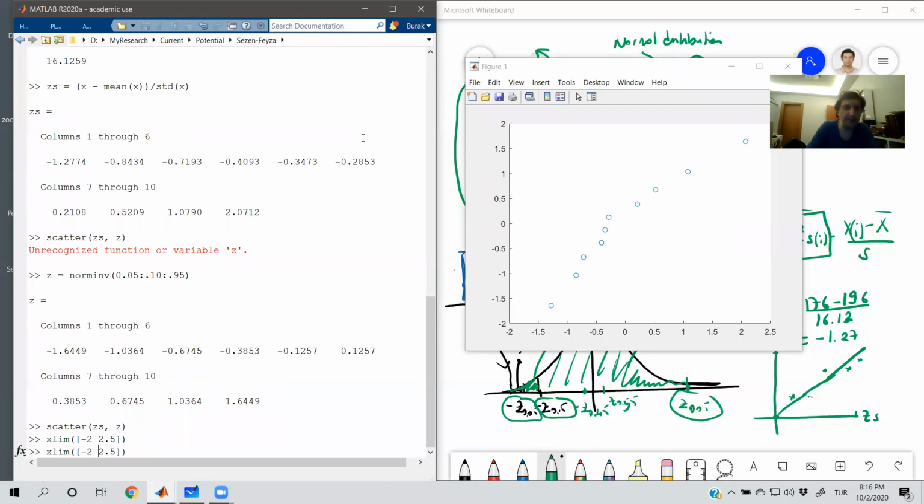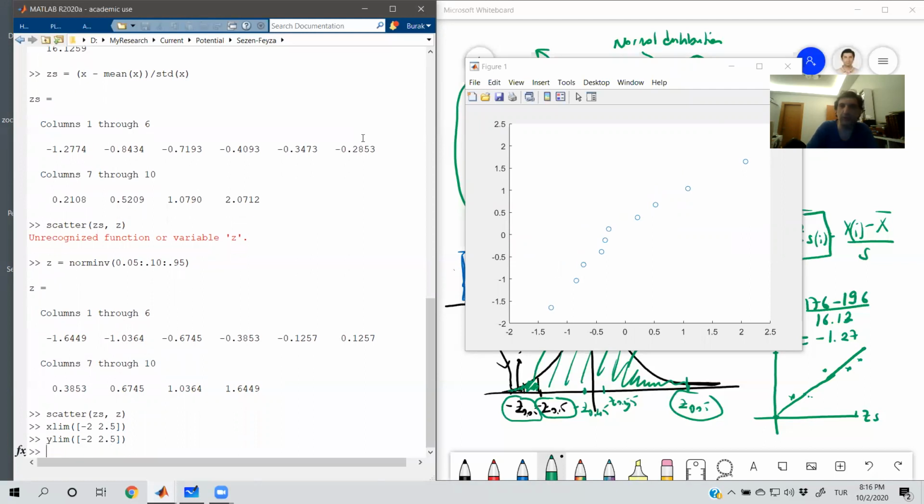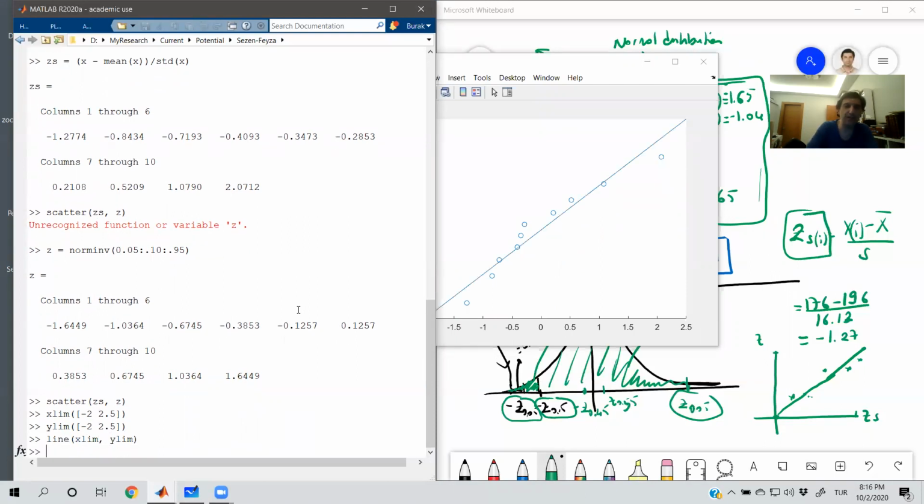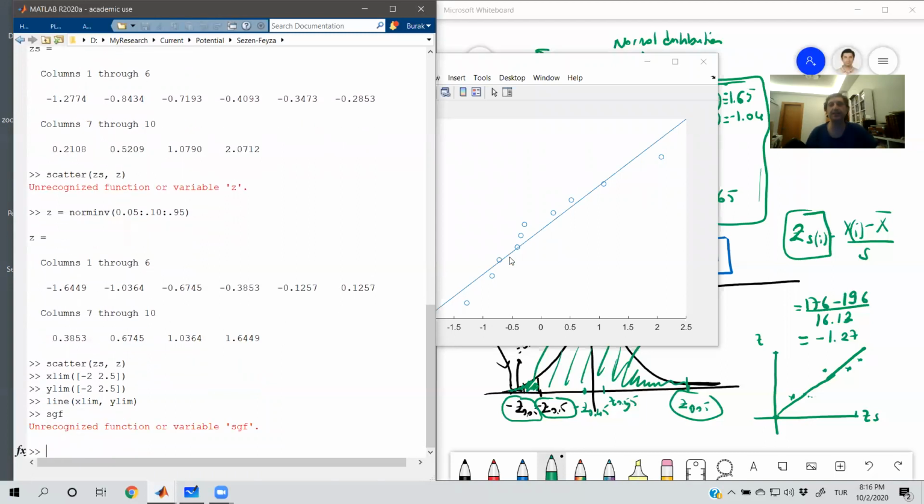And ylim is also going to be between those two values. Now we include all the observations, and x and y axes are identical to each other. Now we can plot a line here between the x and y limits, which is going to be an off-diagonal term, as you can see here.